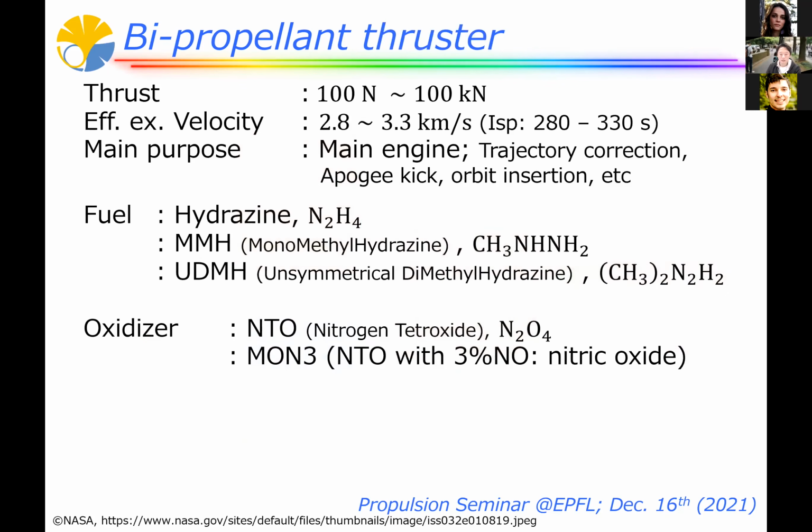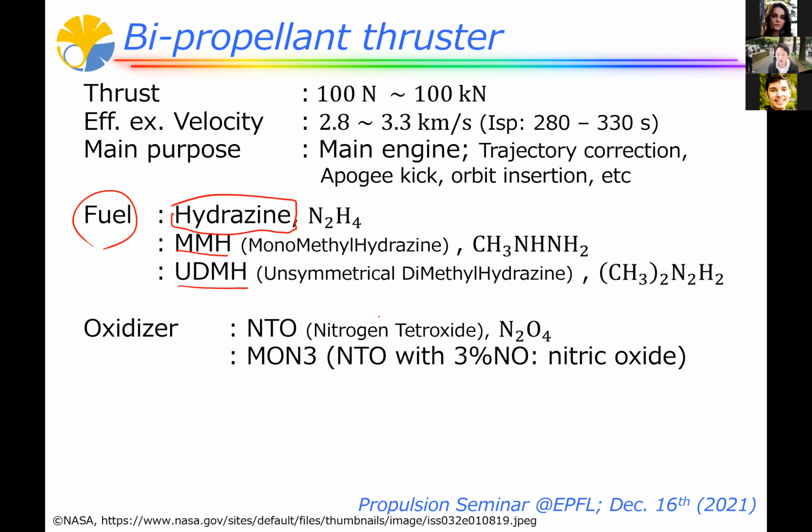Okay, so let's see the actual performance of this bi-propellant thruster. Typically its thrust ranges from 100 Newton to 100 kilonewton, and exhaust velocity would be around 3 kilometers per second. By specific impulse, it's around 300 seconds. The main purpose is basically main engine for satellites and space probes. As a fuel, typically hydrazine is selected, or hydrazine-based other fuels like MMH and UDMH, monomethyl hydrazine or unsymmetrical dimethyl hydrazine.